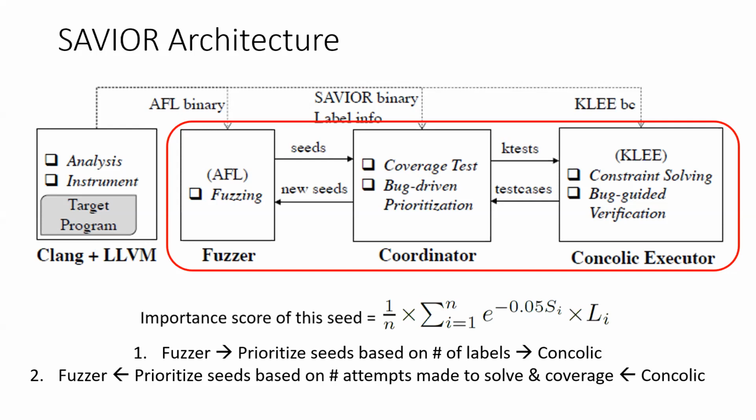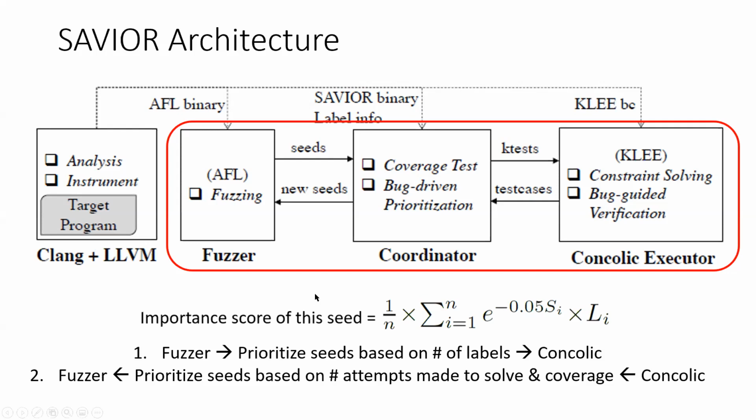For example, if we have made a lot of attempts to solve a branch, but find that it is out of the reach of constraint solving, then we never touch this branch, because there are so many branches, and so many branches generated by the sanitizer. So why bother with those hard-to-solve constraints? We can just pick the lower hanging fruit. Yeah, I think that's the basic idea of this.